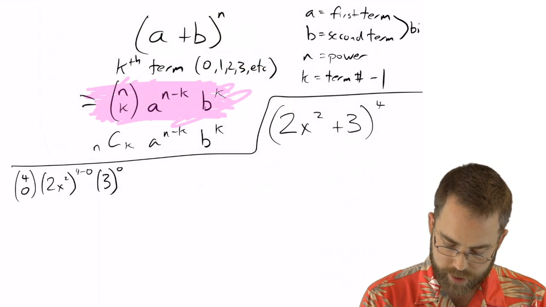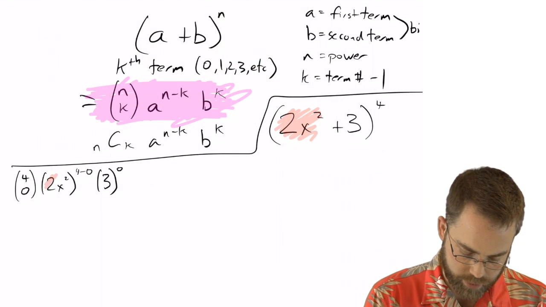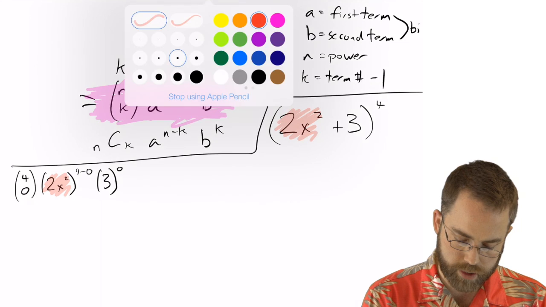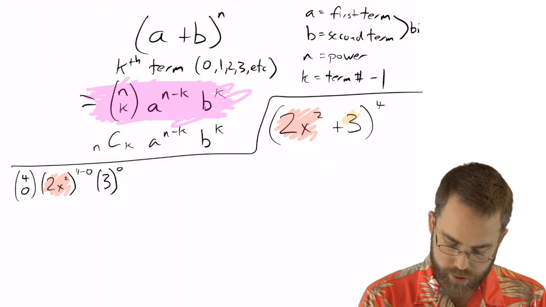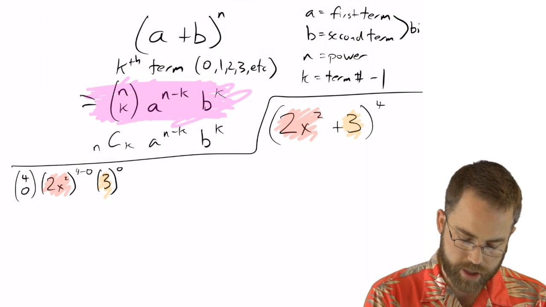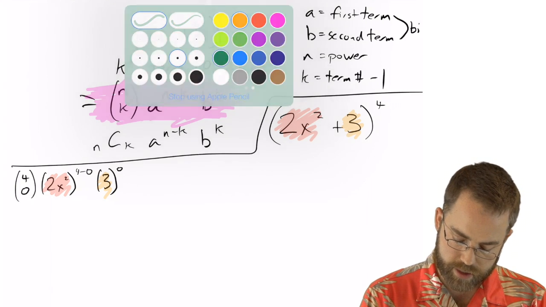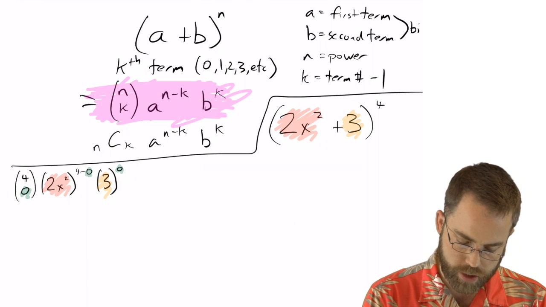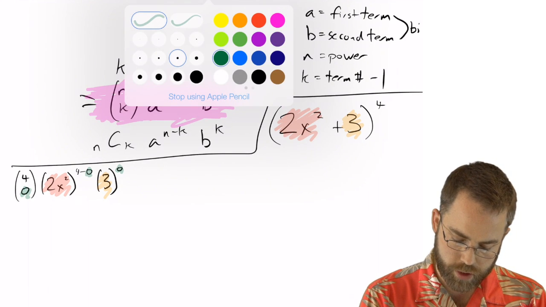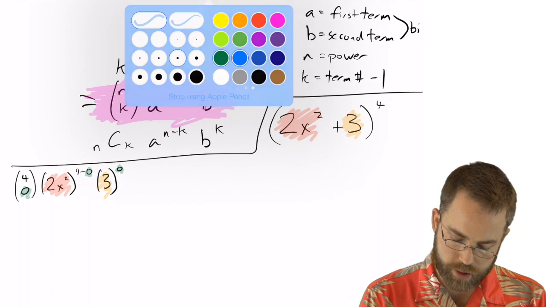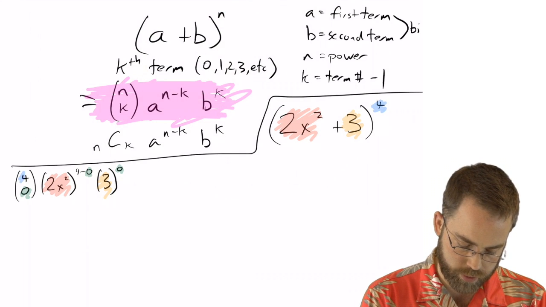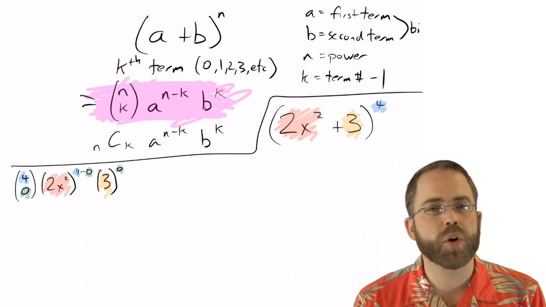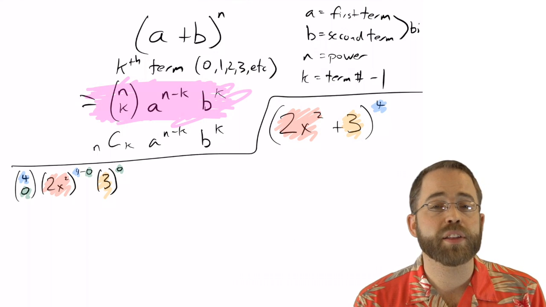This is A in there, and this is B right there, and then K is the term that we're on, so that's the zeros there, there, and there, and then the power that we're applying is 4, so that's there and there. Okay, so that's just to find the first term.